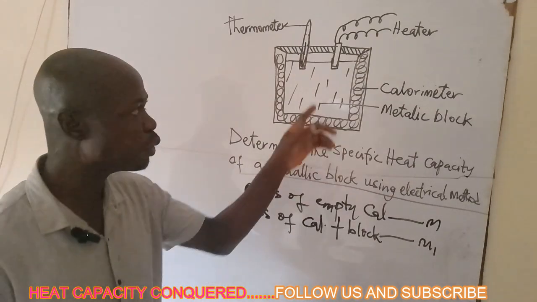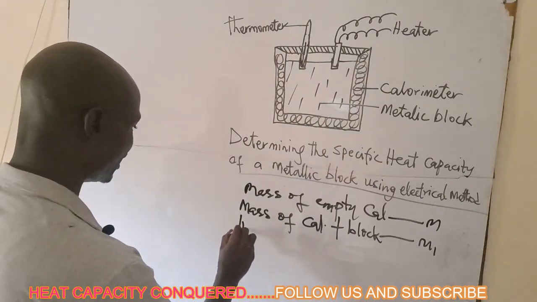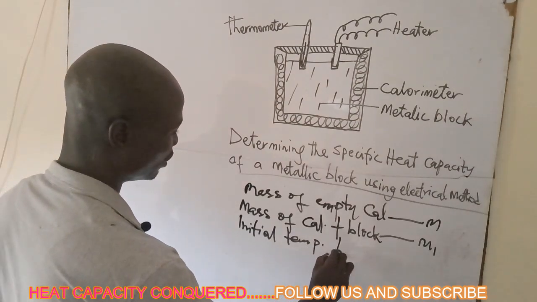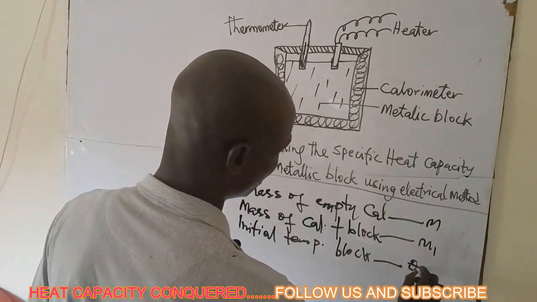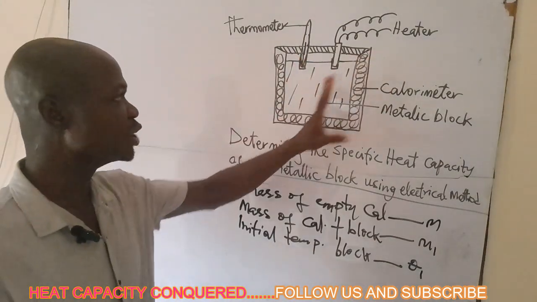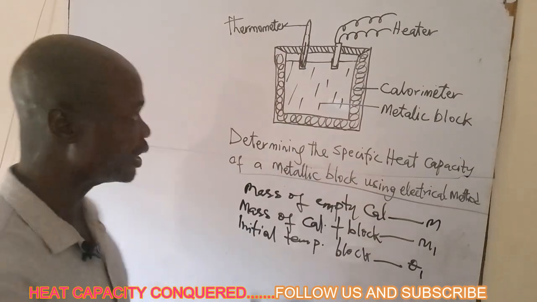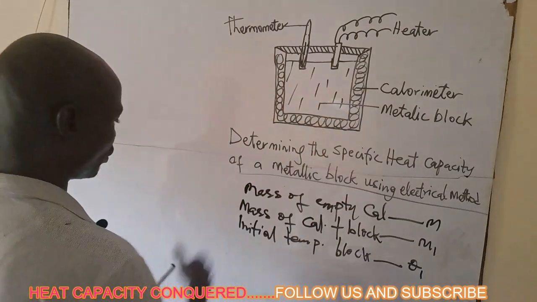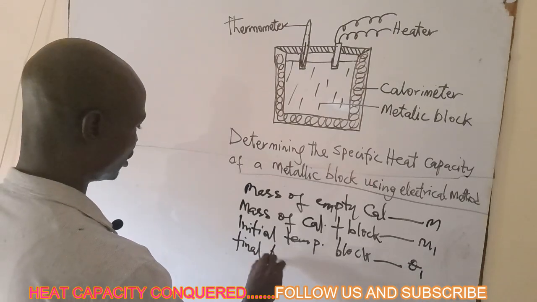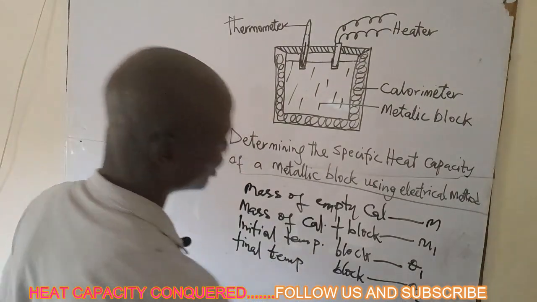But initially, before we do that, we have to measure the initial temperature of the block, and that is theta 1. When we have passed the electric current for about 30 minutes, we disconnect the experiment and measure the final temperature of the block, which will be theta 2.